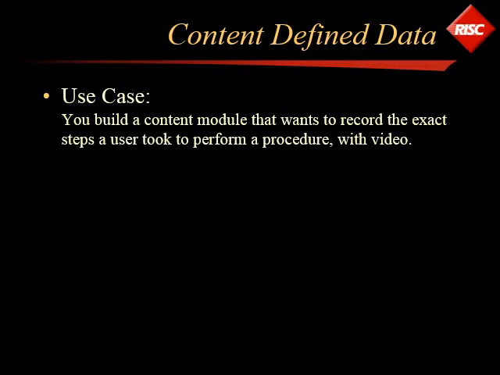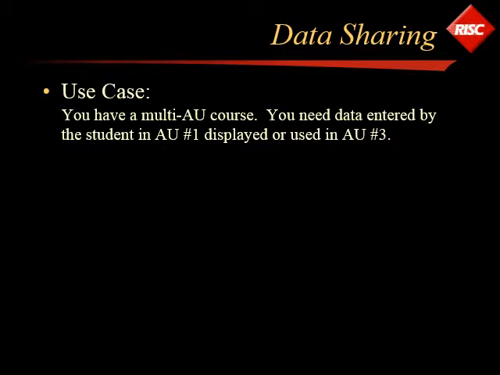Data sharing, this is an example I just gave where you've got a series of lessons where one of the lessons depends on an exercise you took in the first part of the course. We've all kind of seen this, right? When you're taking a course and you add a student in row 1 or you add a record in the first lesson, and then later on you have to go back in and learn how to modify that record.